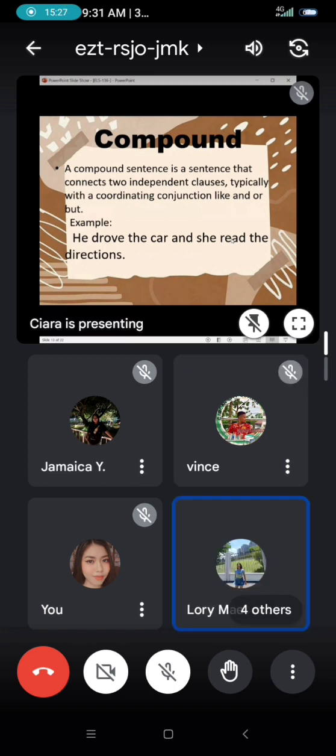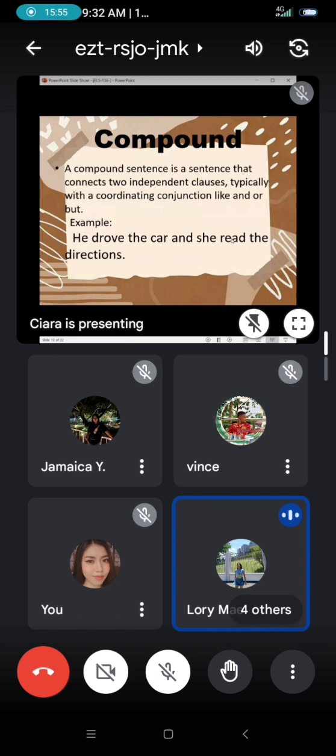The next type of syntax is the compound sentence. A compound sentence consists of two or more independent clauses joined together by coordinating conjunctions, semicolons, or colons, and it is used to combine ideas or thoughts in a clear and concise manner.